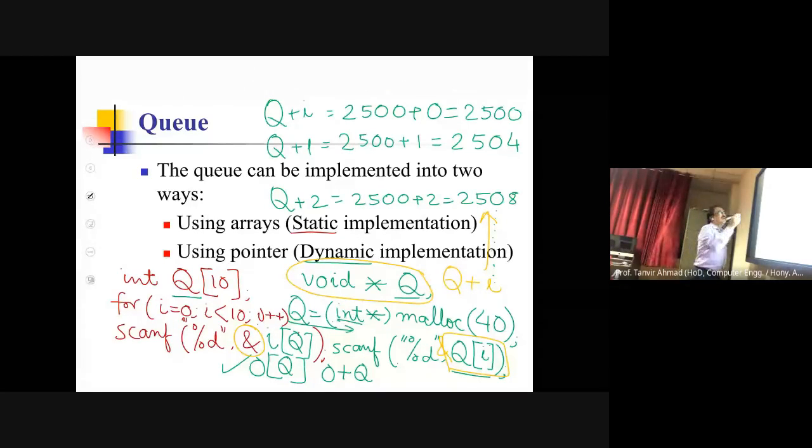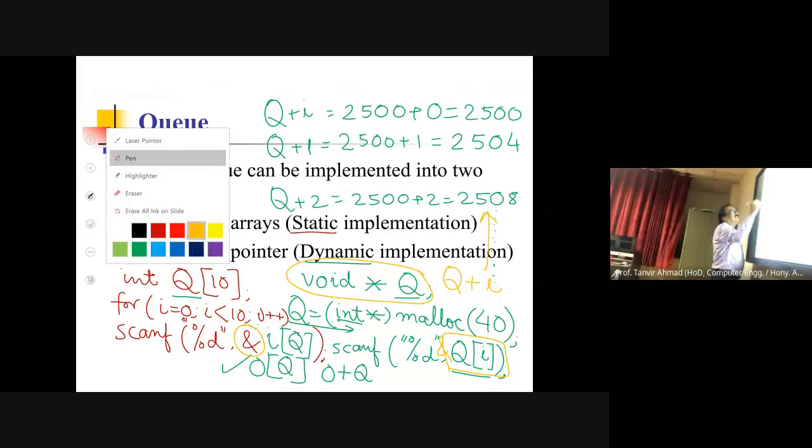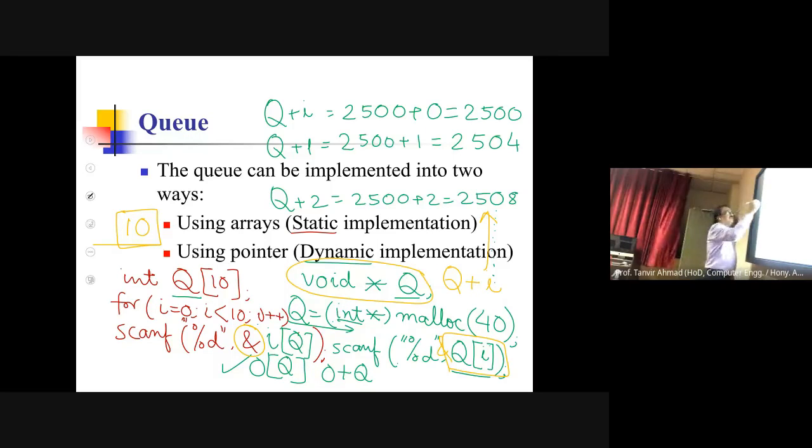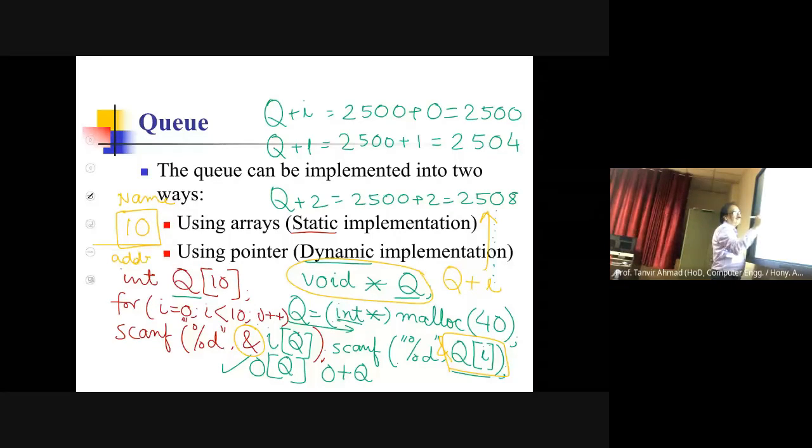Now just to make sure, if I put a cell like this and I put a value, say 10. Now this will have first of all the name, then you will have the address, and here you will have the value.